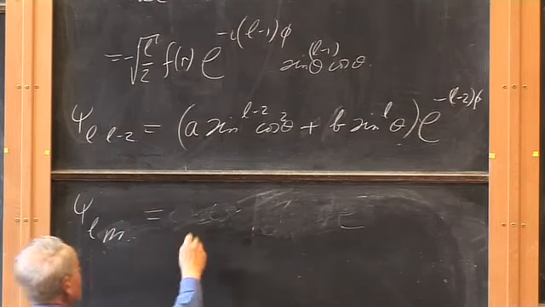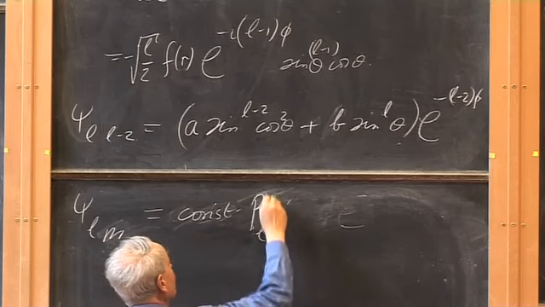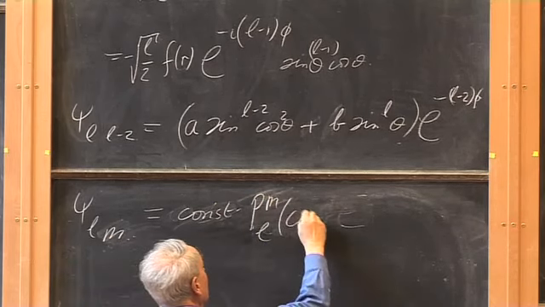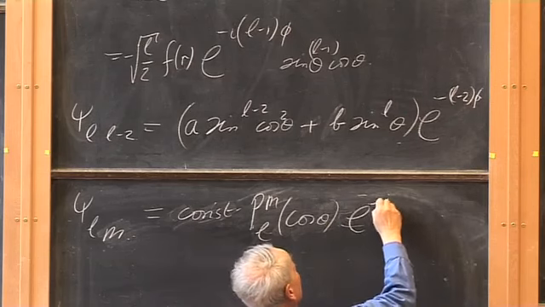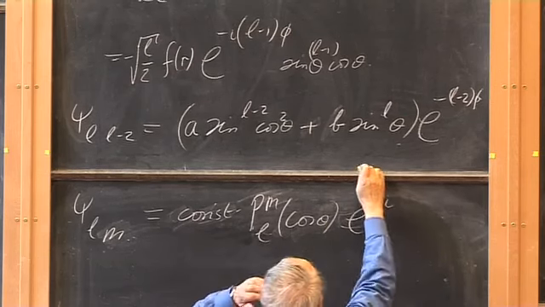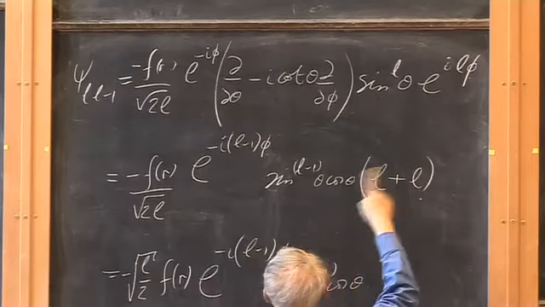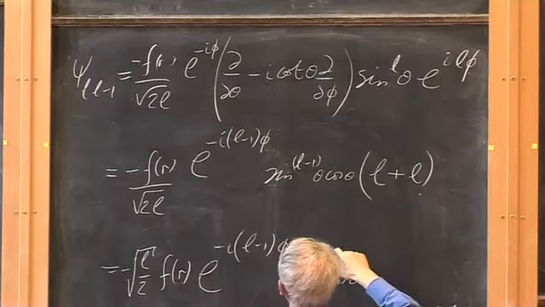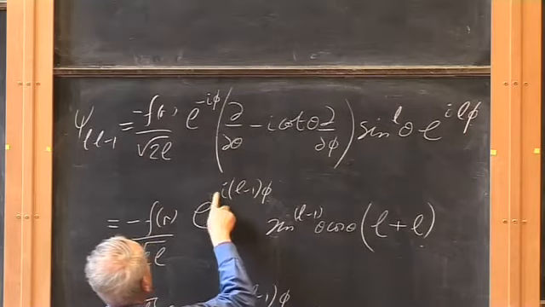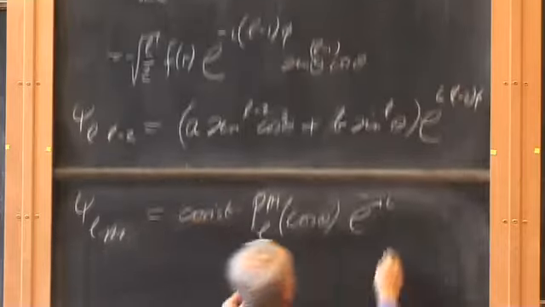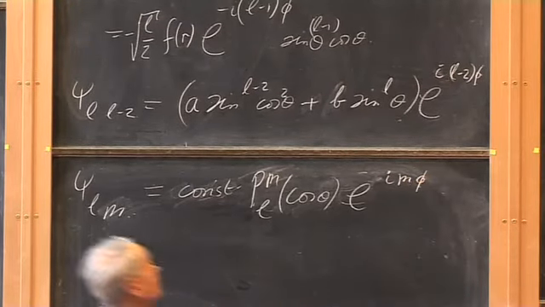If we just keep going, this will turn out to be a normalizing constant times the associated Legendre function P_L^M of cos theta times e to the... sorry, that's an i, not a minus, isn't it? Yeah. This should have been a plus. e to the i m phi.